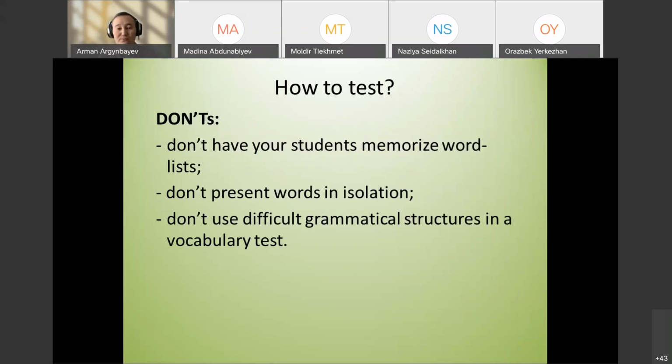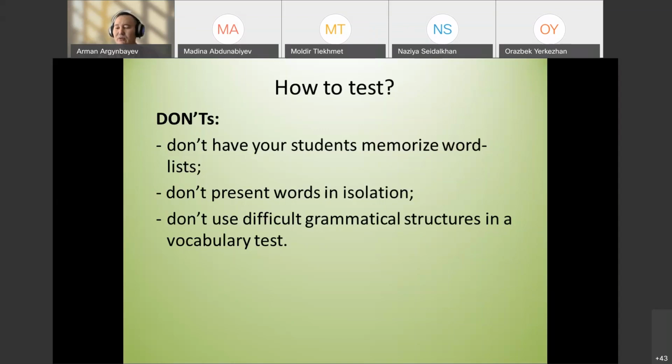Okay, do's and don'ts. What should we do and what shouldn't we do? Don'ts. Don't have your students memorize word lists. Never give just word lists, or never say learn all words starting from A in your mini dictionary. It doesn't make any sense. Don't present words in isolation. Never. We should teach words in context, and give a few examples, not only one, but 2 or 3 examples of how you use this word in context.